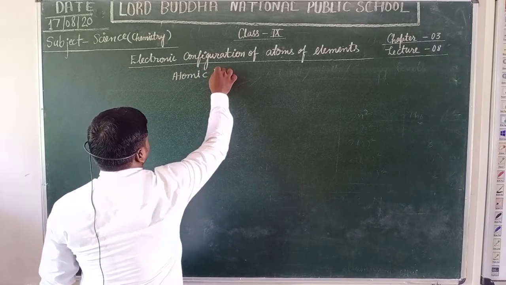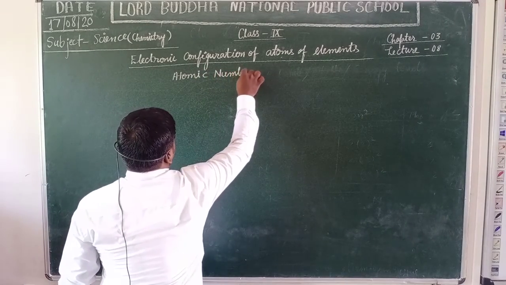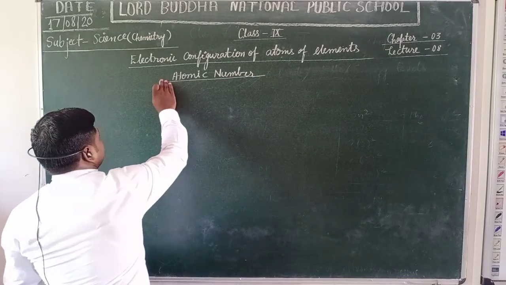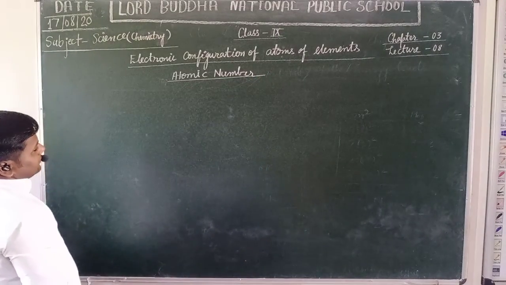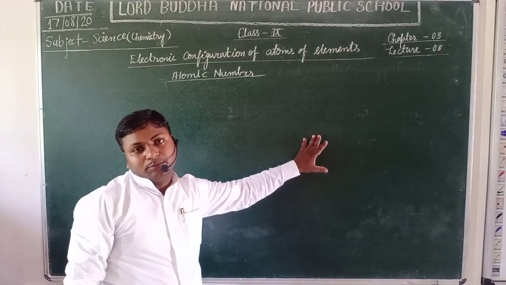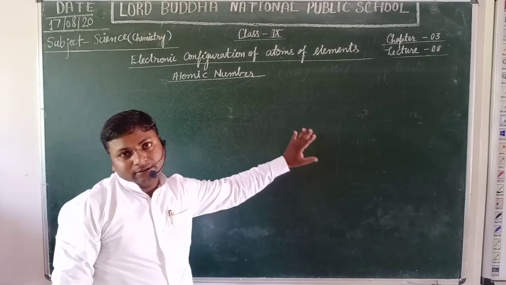Atomic number. Students, what is atomic number? It is the number of electrons or the number of protons present in an element.